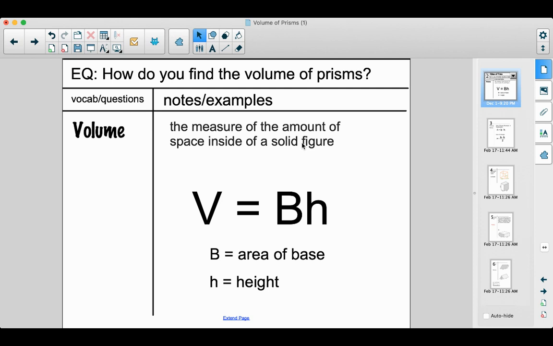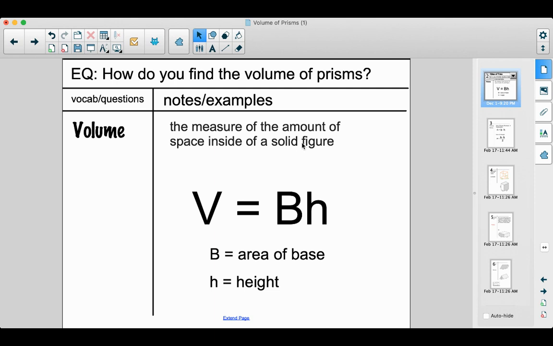So if we think about our units, we started off using units, then we went to units squared for area. If you think about measuring how much wrapping paper you need to wrap something up, the space of the outside, you need little squares to do it. Well, if you think about trying to fill up a box with two-dimensional squares, they don't have any depth to them. You can't do it.